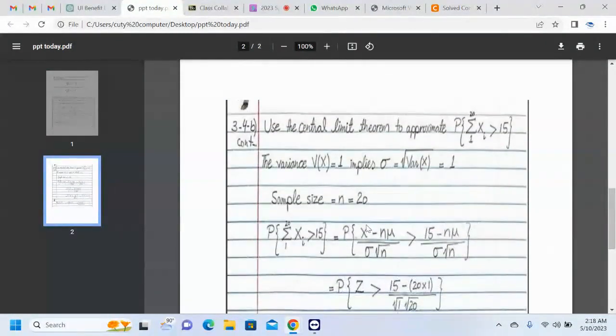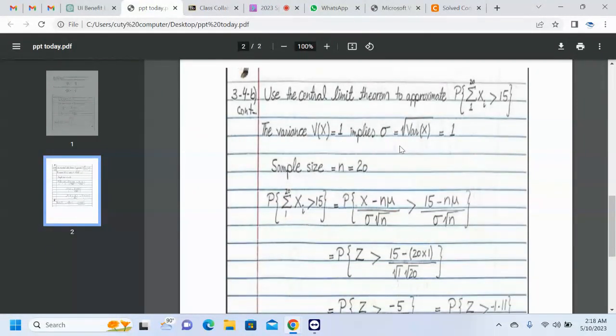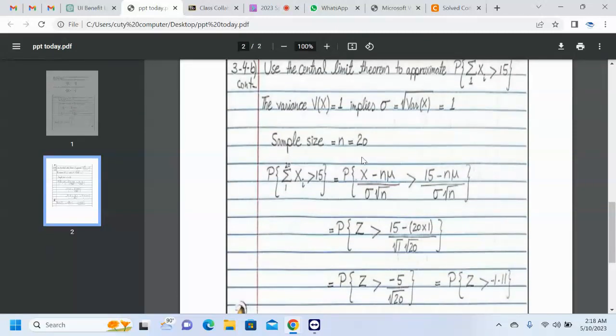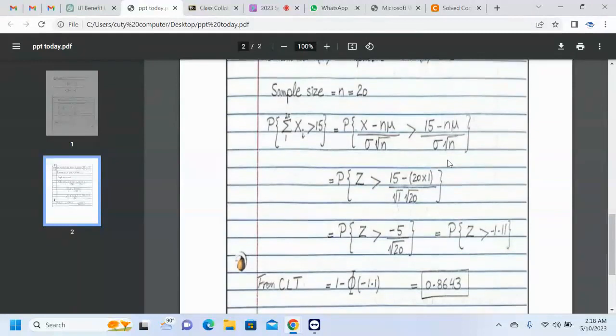So for part B, use the central limit theorem to approximate the probability that the summation of xi from 1 to 20 is greater than 15. The variance is equal to 1, which implies sigma is the square root of the variance, equal to 1. The sample size n is equal to 20, given in the question. So the probability is equal to the probability that x minus n mu over sigma root n is greater than 15 minus n mu over sigma root n.